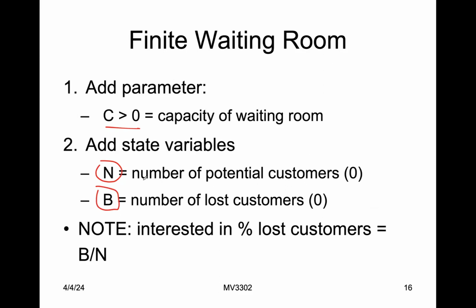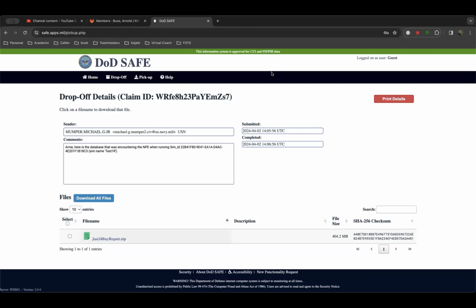I might be interested in what percentage of potential customers I'm losing because of this finite capacity. So my potential lost customers is just going to be the number that I've lost over the total number that I could have had. In addition to our usual suspects, as it were.